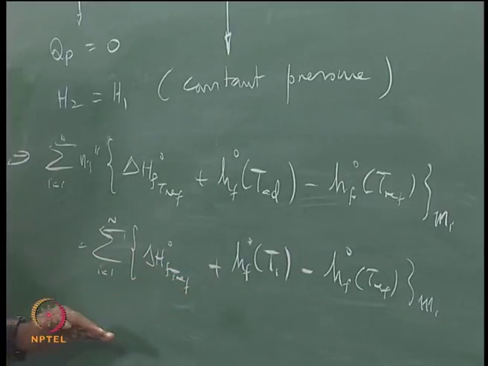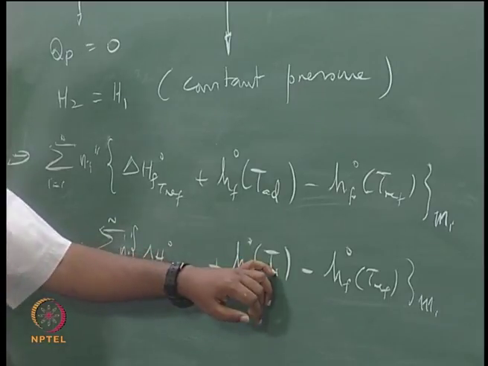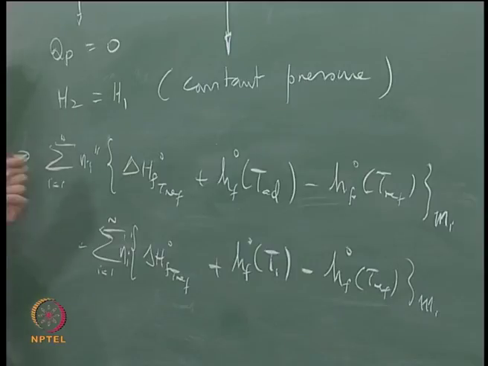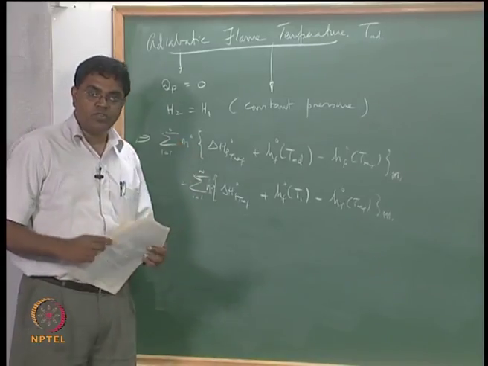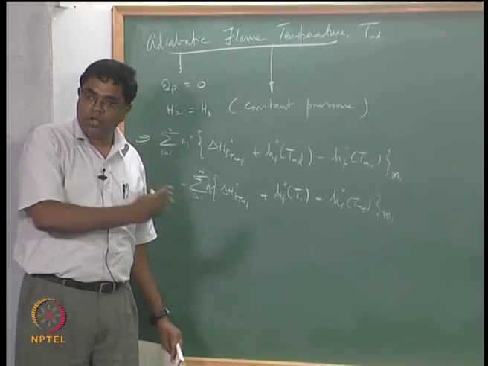Okay, the right hand side is a known, you know ni single prime, and you know your T1, you can calculate these. So what you have to look for is if you knew your ni double prime, okay, ni double prime refers to the composition of the products given the composition of the reactants, and we will talk about that soon.